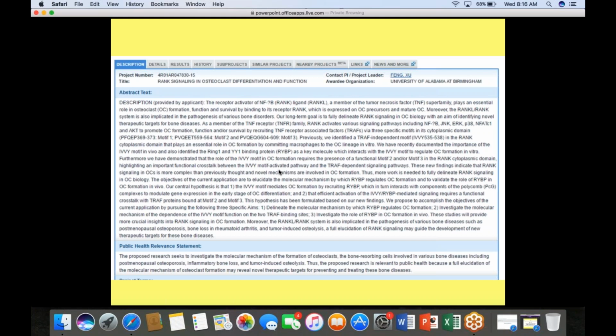You want to be careful, in addition, with the title on the grant. Again, this is not a manuscript. If you make the title so long and detailed, you may limit what you can actually do in that grant. So this one I think is RANK signaling and osteoclast differentiation.